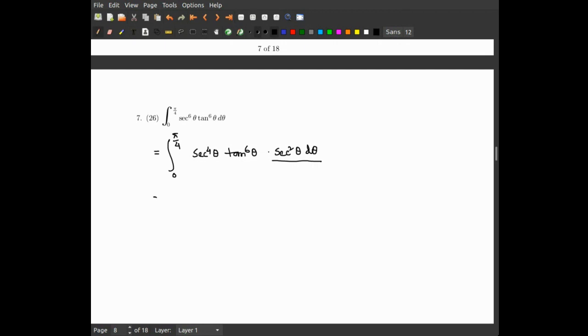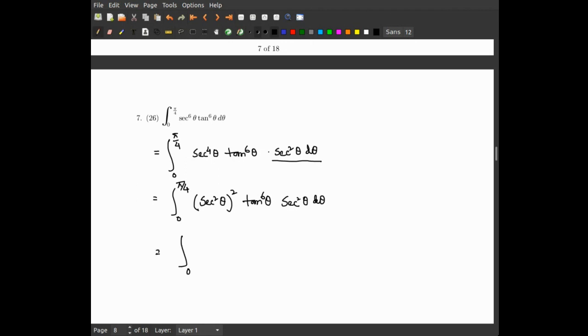So let's do that. So that would be 0 to pi over 4, secant to the power 4, that can be written as secant squared theta, and again squared, tangent to the power 6 theta, do nothing, it will be exactly as it is, and then secant squared theta d theta.